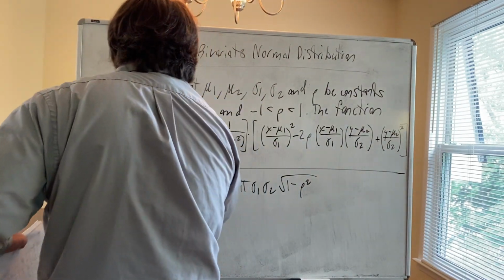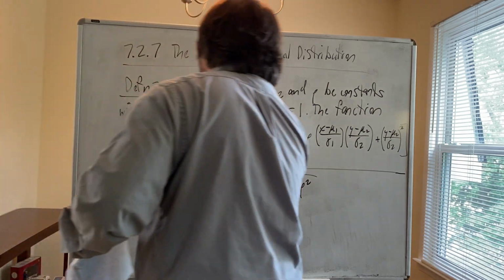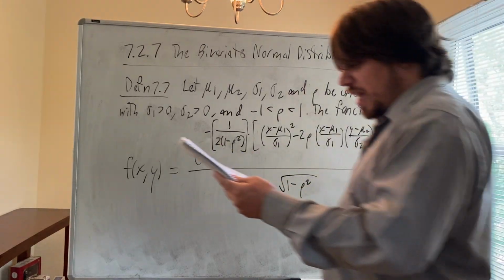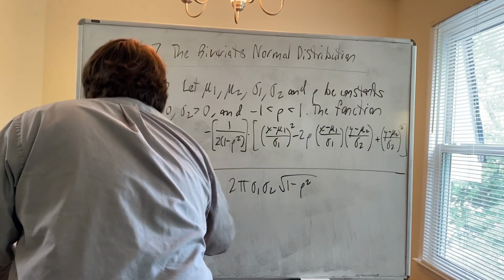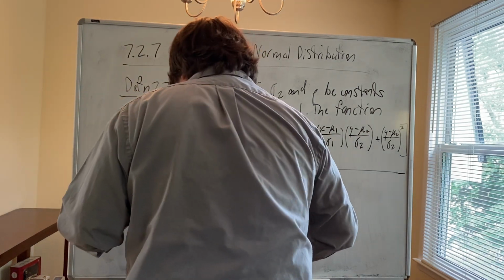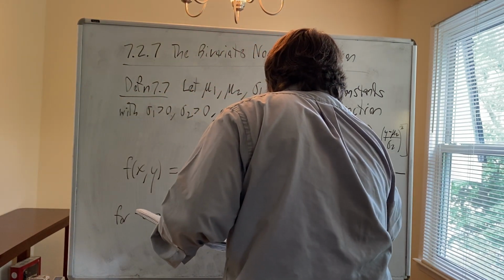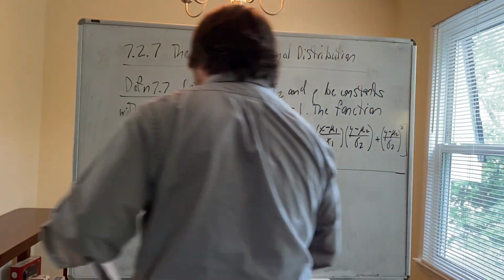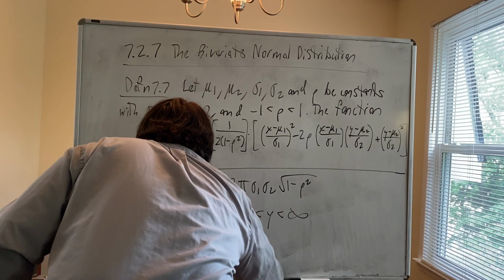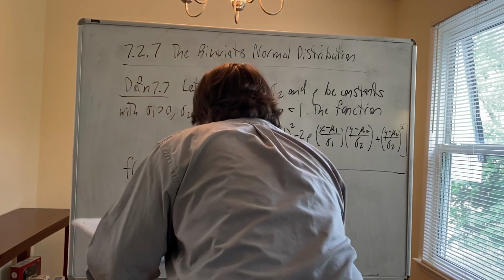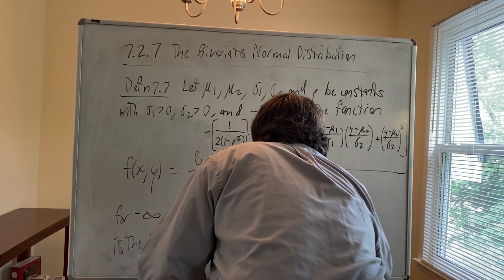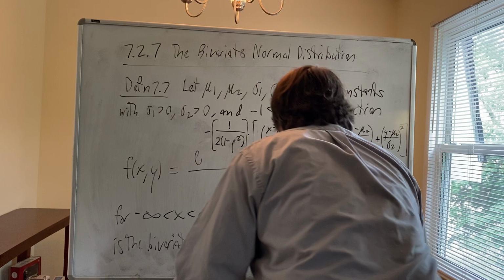This is equal to f of x comma y is equal to that fraction. The function f of x comma y equal to that, for any real number x and any real number y, is the bivariate normal probability density function.